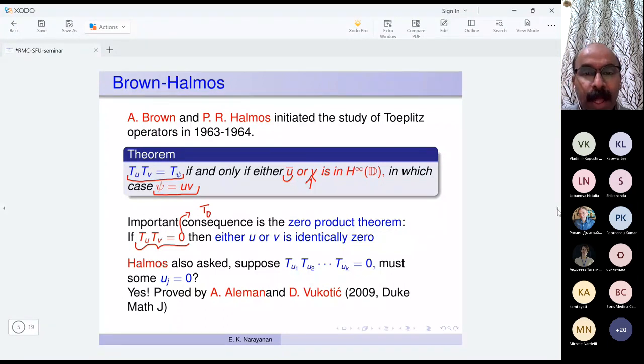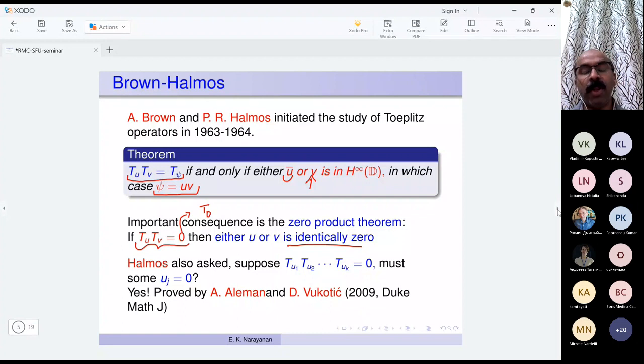It will tell me that first of all, either u bar or v has to be a bounded holomorphic function and the product is 0. But then you know that a bounded holomorphic function cannot vanish on a set of positive measure on the boundary of D, right? So on the circle. And so one of them will have to be identically 0.